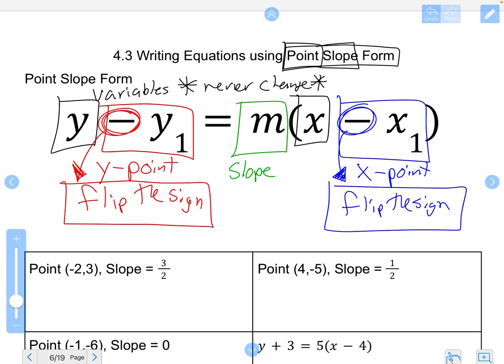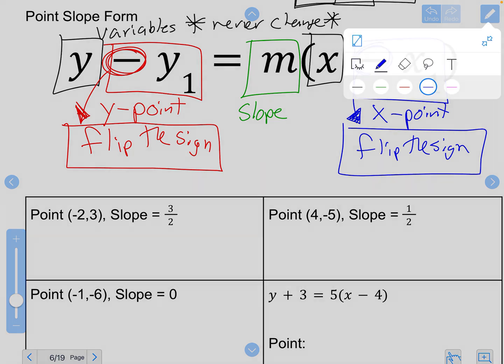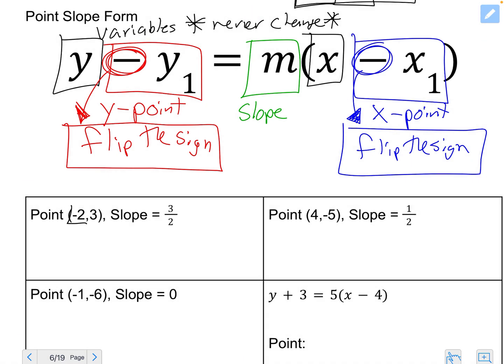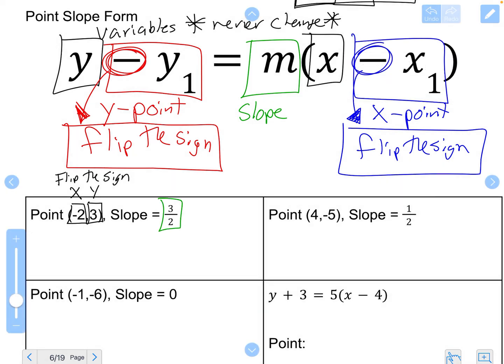So the first thing we're going to talk about is how we can write an equation in point slope form. We always have our y first, then we have our x, and we have to remember to flip the sign. And then we have our slope, which is our m.